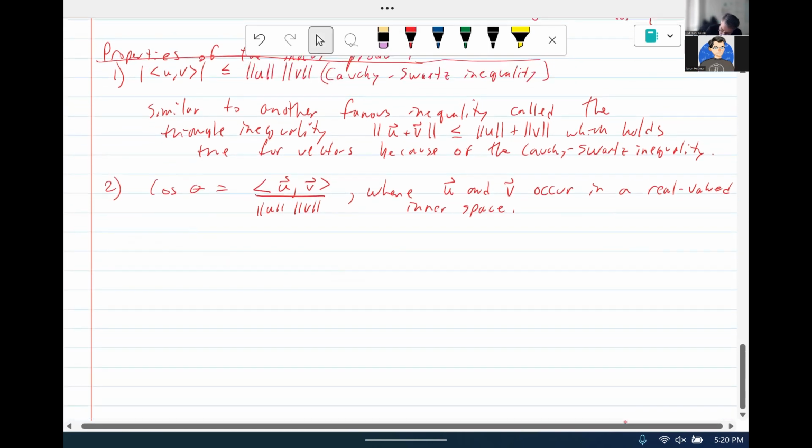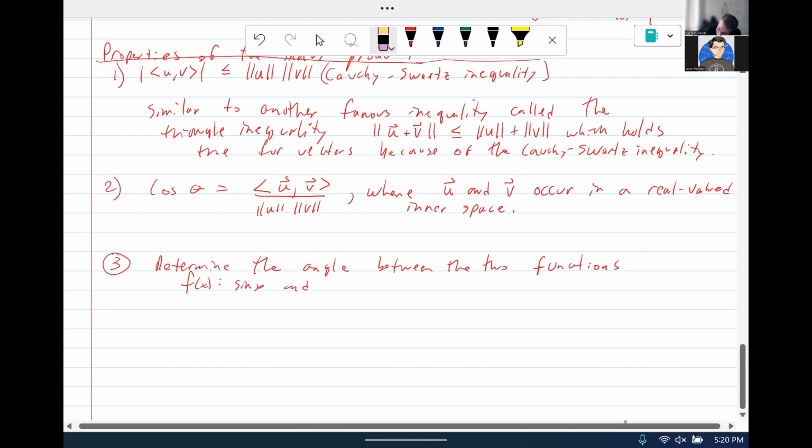Number 3: determine the angle between the two functions f of x equals sine x and g of x equals cosine x.